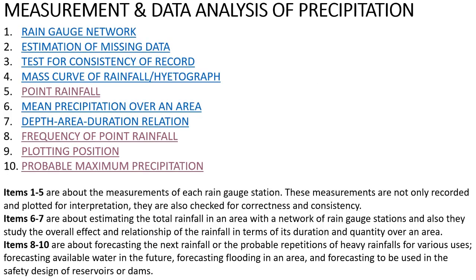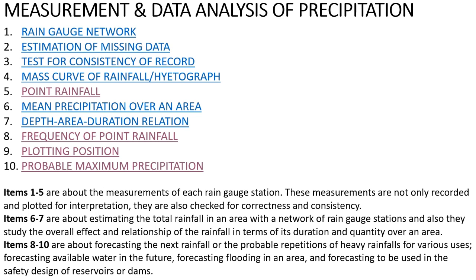So, rain gauge network. In an area of study, syempre nilalagyan or dinedeployan natin ng mga rain gauge stations. Hindi lang isa, syempre, madami yon, and meron tayong computation for that.